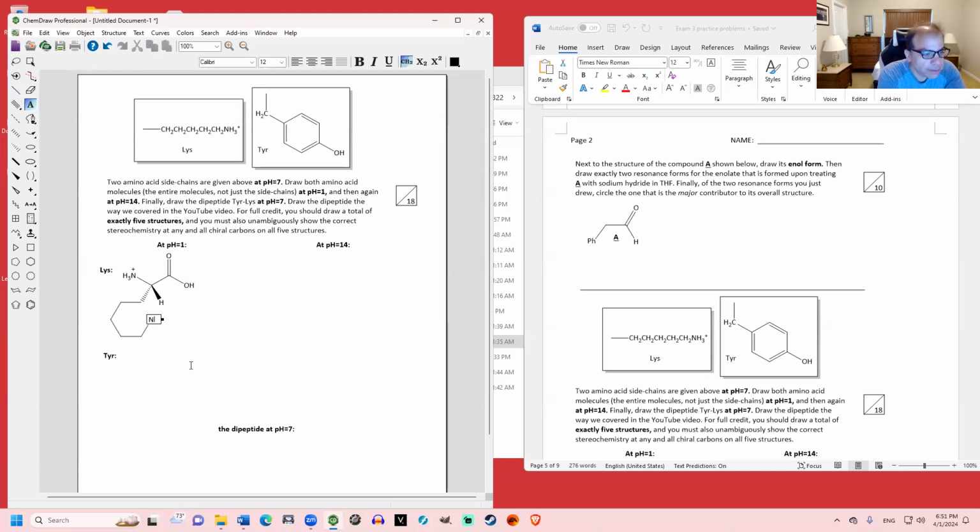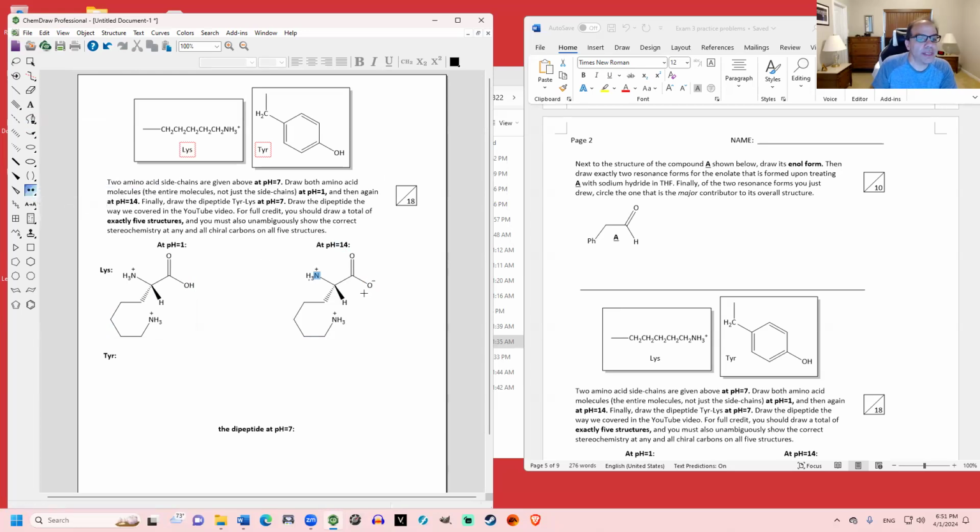And then at pH 1, the nitrogen at the end of lysine will be protonated. At pH 14, the carboxylic acid will be deprotonated.